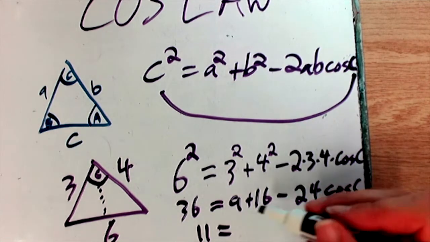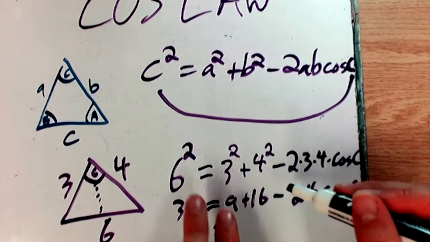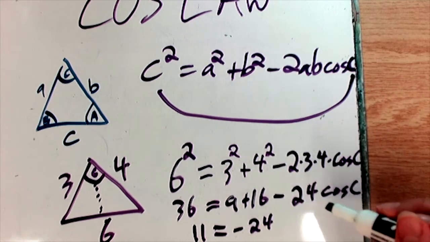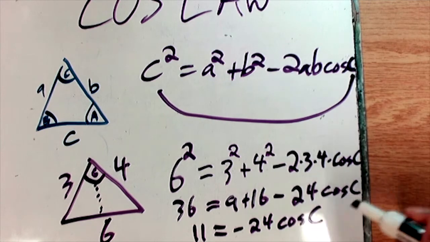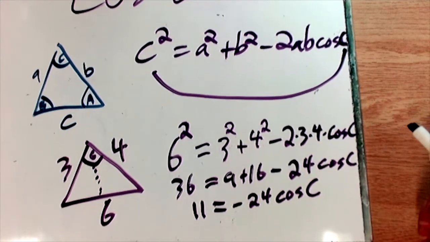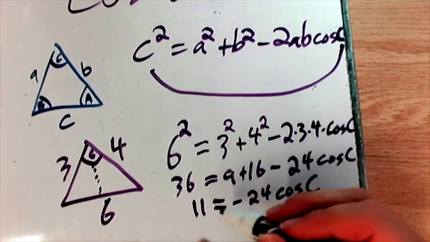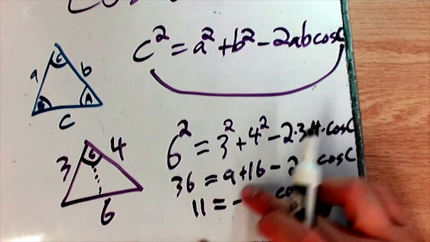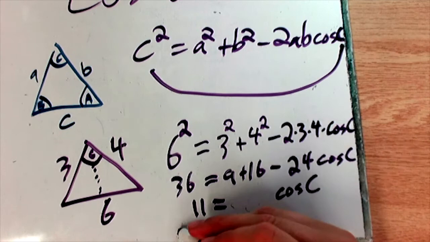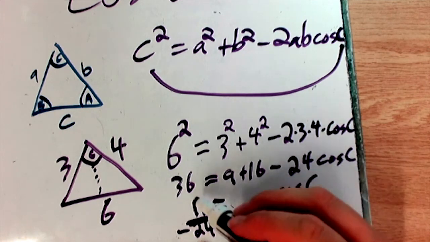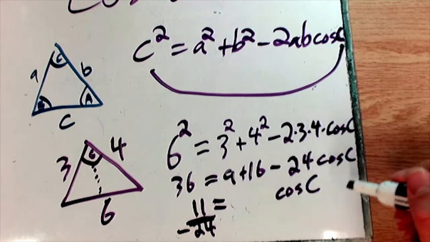So 11 equals minus 24 cos C. What do I have to do now? Well, I divide both sides by 24. That cancels that out, and I got negative 24 here. So negative 11 over 24 equals cos C.